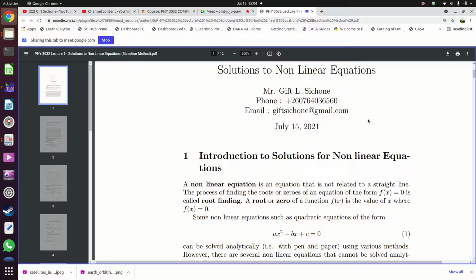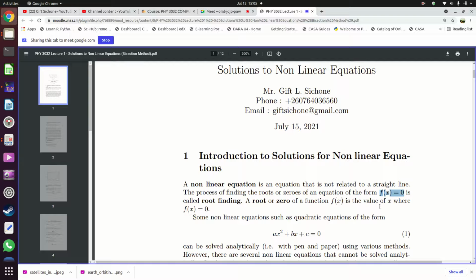So that's what we want to look at, and how we can use computers to look for solutions. Like I've mentioned, a nonlinear equation is an equation which represents anything which is not a straight line. Then a solution to an equation is basically a value of x where that particular equation cuts the x-axis. So when you're talking about an equation, you're talking about something of this form: f of x equals something.